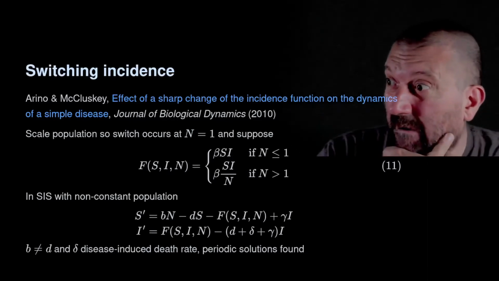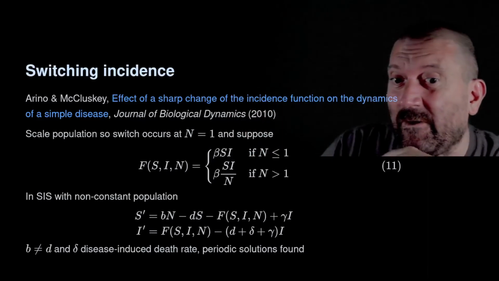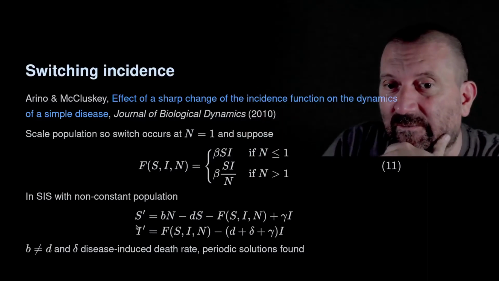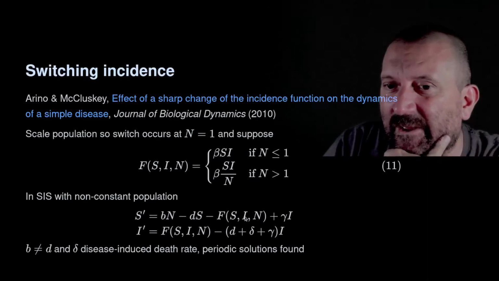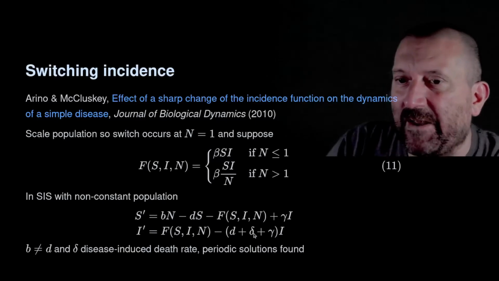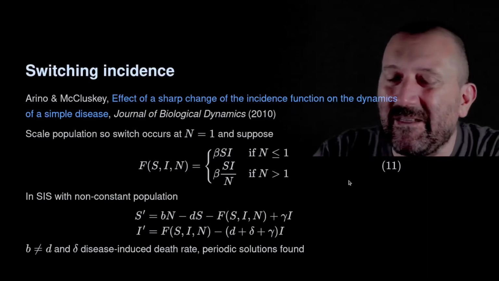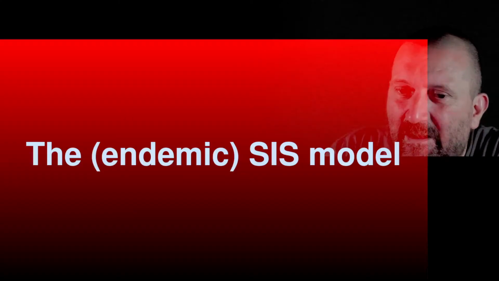And we take a non-constant total population by assuming that there's a birth rate that's different from a death rate, and there's disease-induced death as well. With that type of model, you obtain all sorts of interesting dynamics.